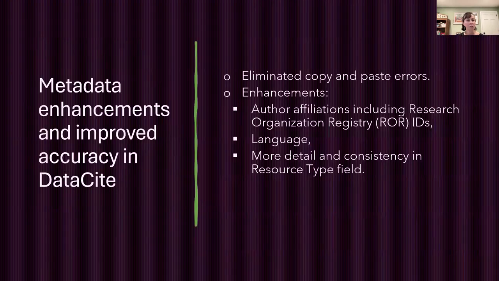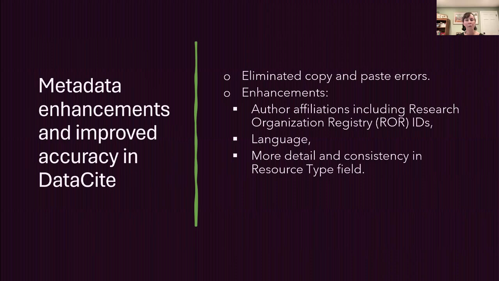We've been using the production version of the script since December 2023, and the overall impact has been positive. One benefit is that automating the process has reduced the chance of copy and paste errors that happened occasionally using the online form. We've also been able to improve the metadata that we provide to DataCite.